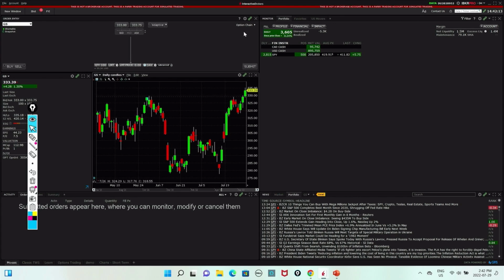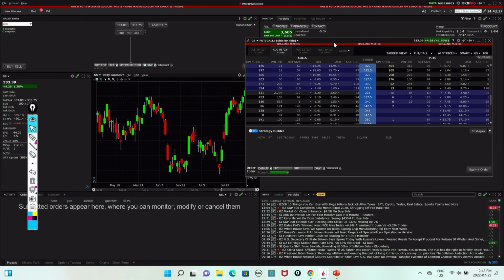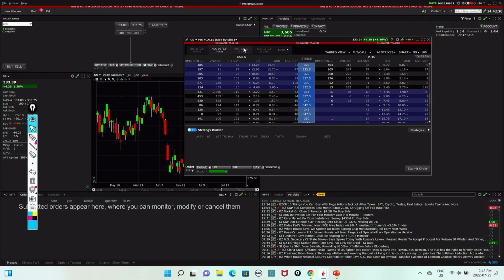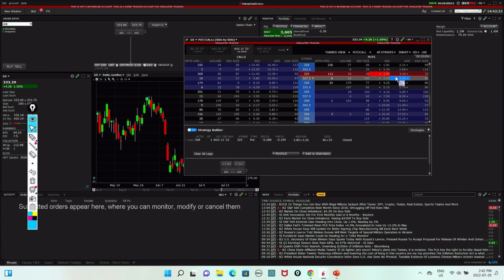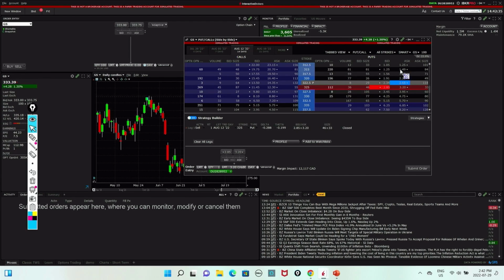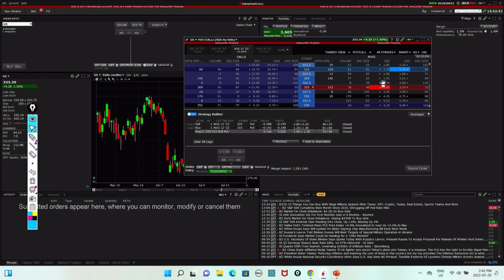So you go to your option chain. You think this is a couple of weeks play, so you go 2 weeks out. Now you're looking at the option chain vertically. You're selling the 325 put, and in order to protect yourself, you're going to buy at 317, or let's say 315. Move this a little to this side.